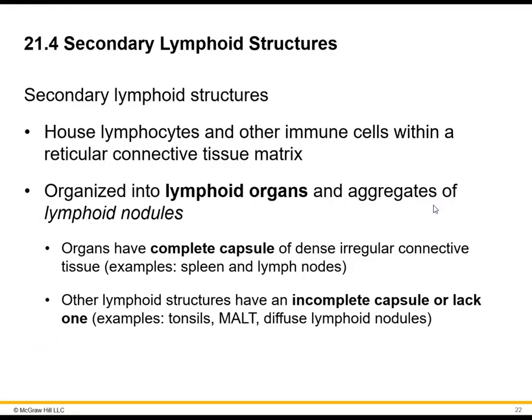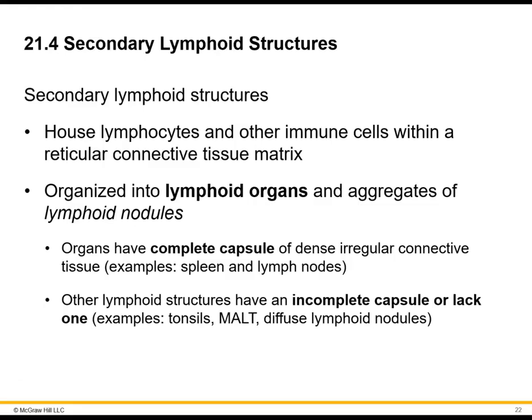Okay, now let's talk about the secondary lymphoid structures. These guys house lymphocytes as well as other immune cells within a reticular connective tissue matrix. They're going to be organized into lymphoid organs and aggregates of lymphoid nodules. Organs are going to have a complete capsule of dense irregular connective tissue around them.